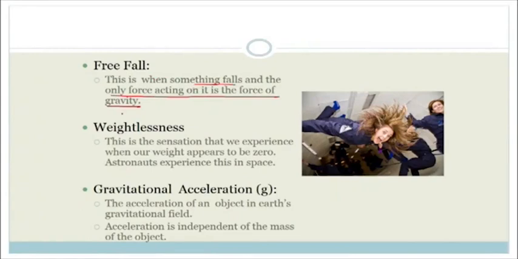So theoretically, on Earth, there's no such thing as free fall. Okay, because obviously there's a force of friction due to the air. But a lot of times when we do sums or problems in physical science, we say it's under free fall, in which case we're saying you can ignore the air friction. You can ignore the force of the air friction.